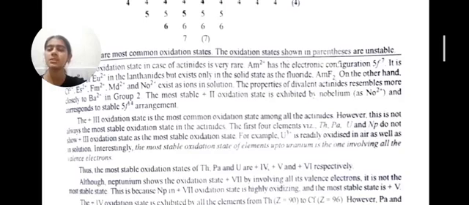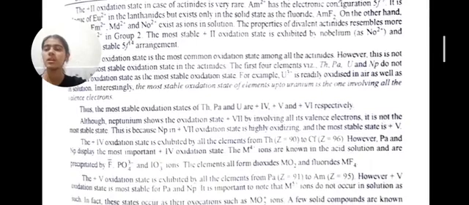For example, uranium 3+ is readily oxidized in air as well as in solution. Interestingly, the most stable oxidation state of elements up to uranium is the one involving all the valence electrons. Thus, the most stable oxidation states of thorium, protactinium and uranium are +4, +5 and +6 respectively.